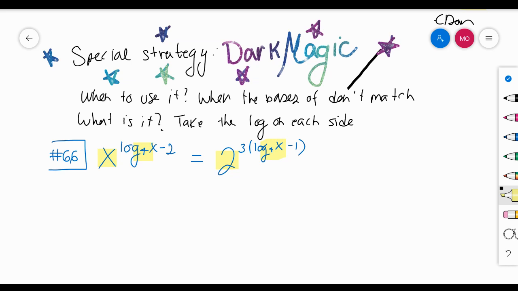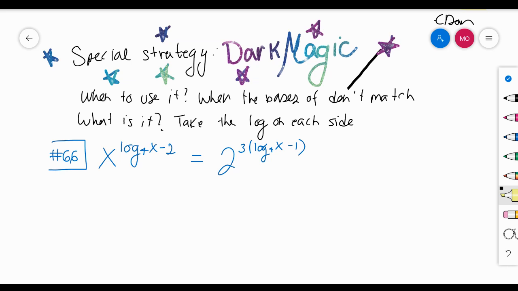You could maybe use the exponent rules, but it's going to be a little bit complicated. This method actually makes it really nice and simple once you understand how to use it. So without further ado, I will show you what to do.